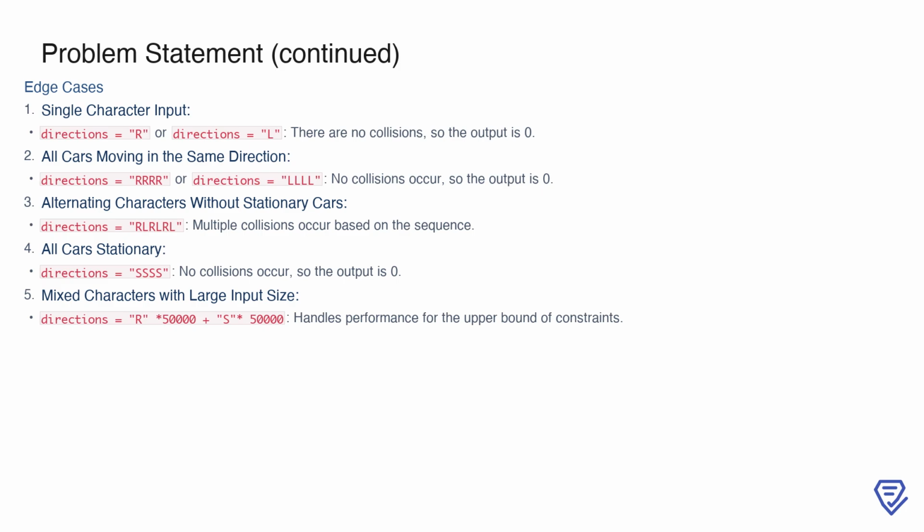If all cars are stationary, such as SSSS, no collisions happen either. Lastly, the problem can include large inputs, such as a string with 50,000 R cars followed by 50,000 stationary cars. In such cases, the solution must be efficient and handle the upper limits of the constraints without performance issues.